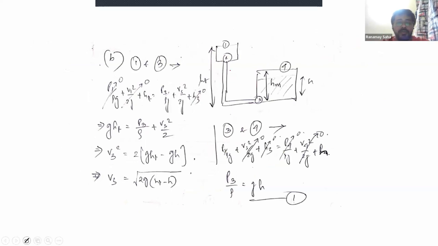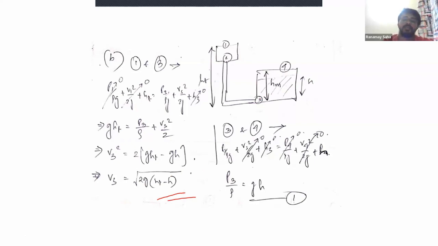Then take another equation between 3 and 4, the final position inside the mold cavity, to find out V3 as square root of 2g (Ht minus h), where h is the height of the mold fill at any point of time t.